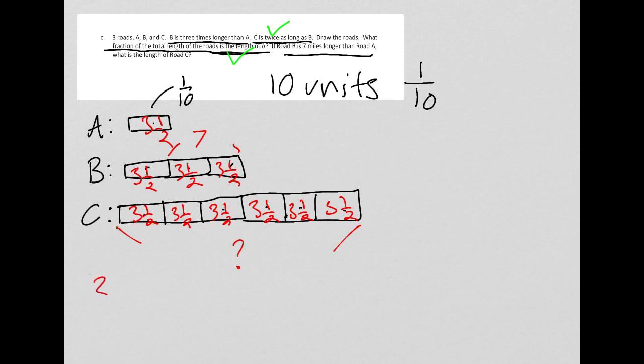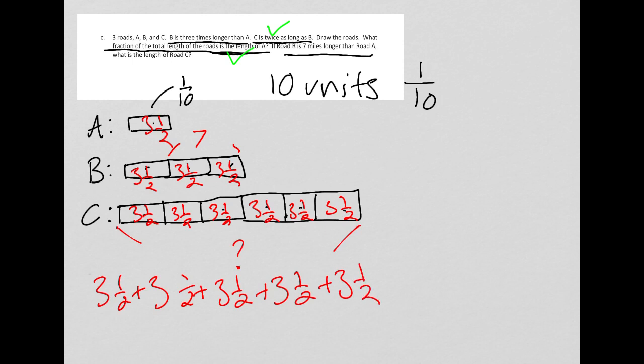So I have 3.5 plus 3.5 plus 3.5 plus 3.5 plus 3.5. 1, 2, 3, 4, 5. Plus 3.5. That is going to give me C. So I have 1, 2, 3, 4, 5, 6 threes, which is 18.